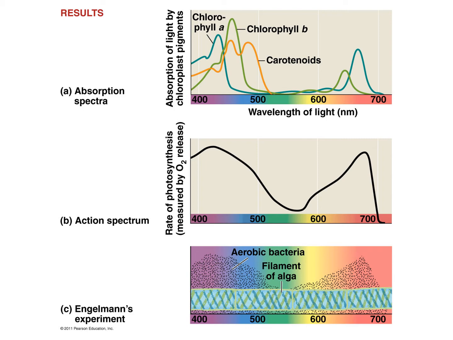Frame C was a pretty famous experiment done by a botanist long before we understood the details of photosynthesis, where he took a string of algae, put it on a microscope slide, added some aerobic bacteria, oxygen-loving bacteria, then shone a light through a prism and let that spectrum fall on the microscope slide. And what he saw is the bacteria migrated to the purple end and the red end, where most of the oxygen was being produced.